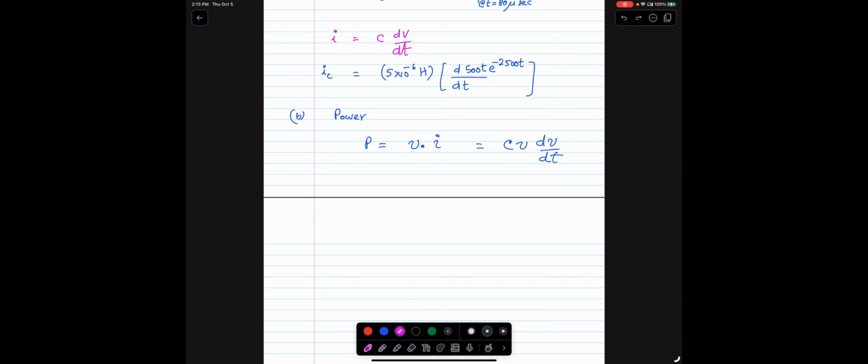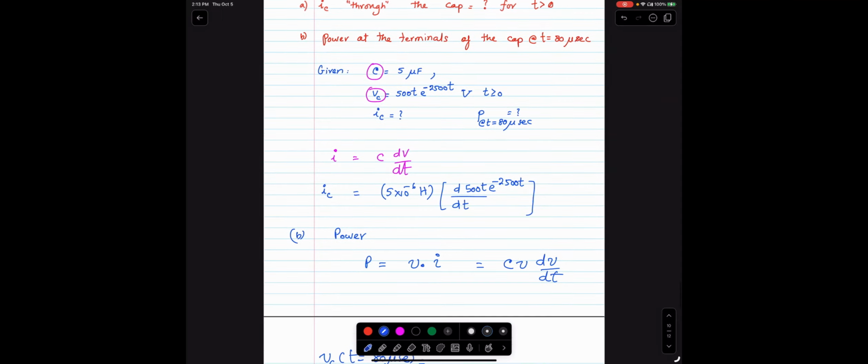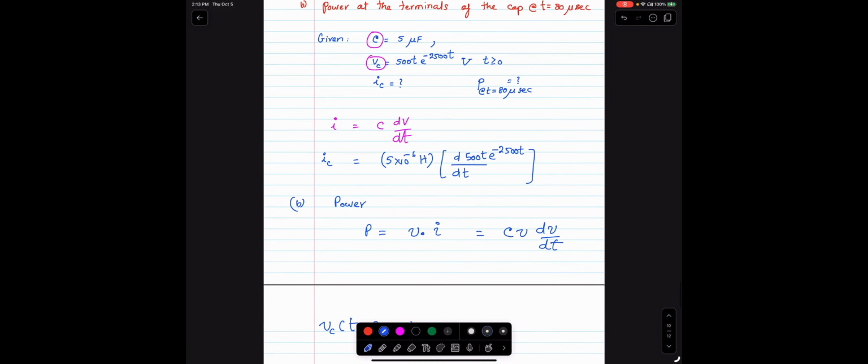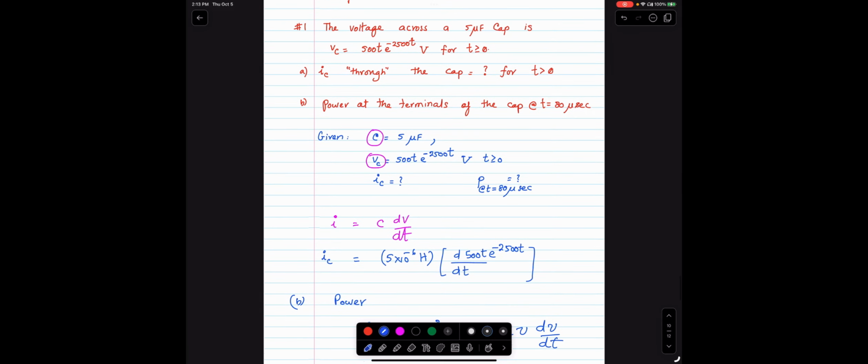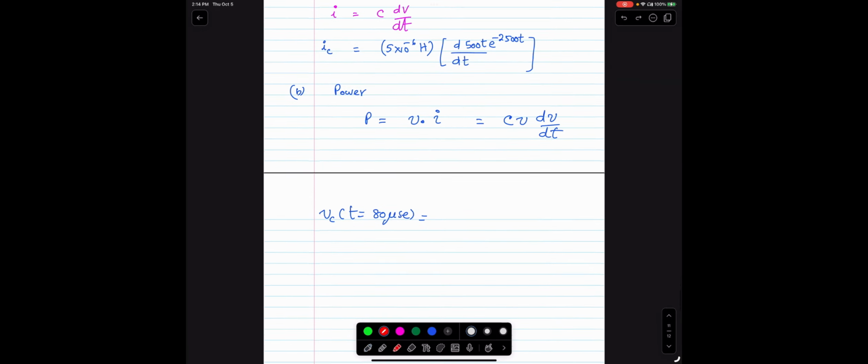Okay, so let us do it this way. Let us calculate the voltage across the capacitance at t equals 80 microseconds. What you do is plug in t equals 80 microseconds in the expression, that's this guy. You should be able to calculate some value for this in volts. Then there is I of C at t equals 80 microseconds.